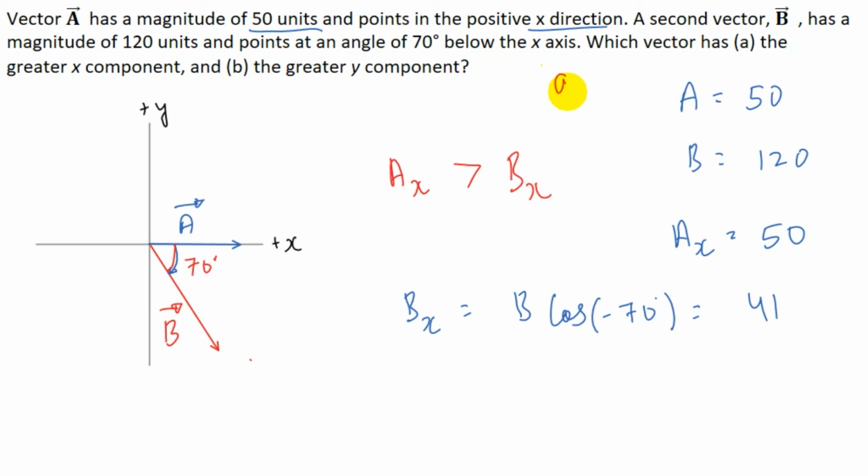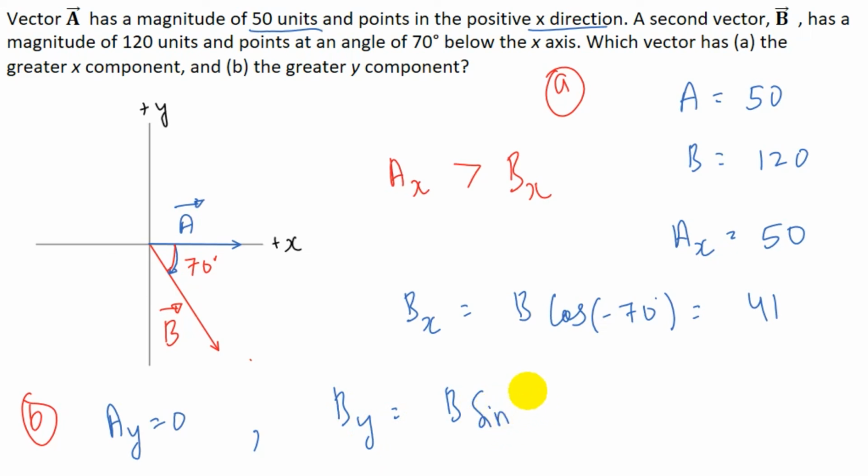Now next we're going to solve the B part, where we have to tell which vector has a greater y component. Now vector A points along the positive x, it has no component in the y direction, so Ay would be 0. Now for this B vector, By would be equal to B sine theta, and theta should be minus 70 degree.